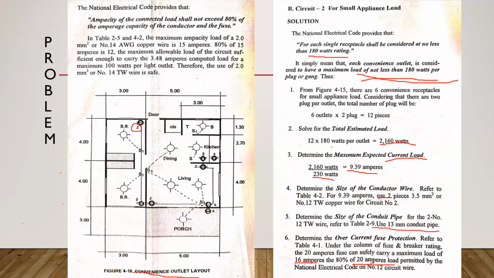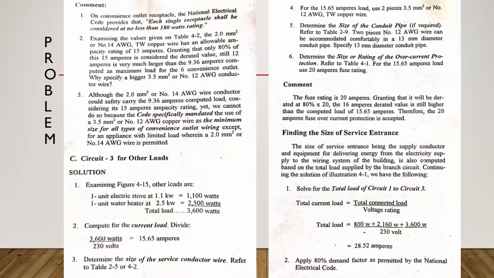Dito na tayo sa kitchen, kumbaga, yung mga appliances na nasa kitchen. So, for other loads, we will consider or assume meron tayong electric stove with the appliance rating na 1.1 kilowatts or 1,100 watts and water heater na 2.5 kilowatts or 2,500 watts.